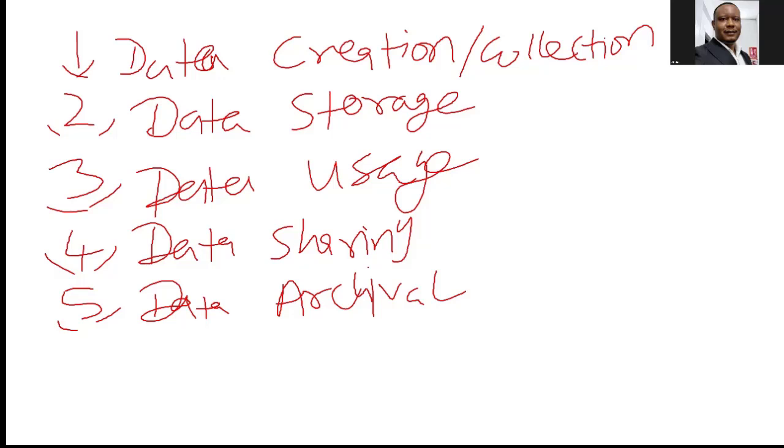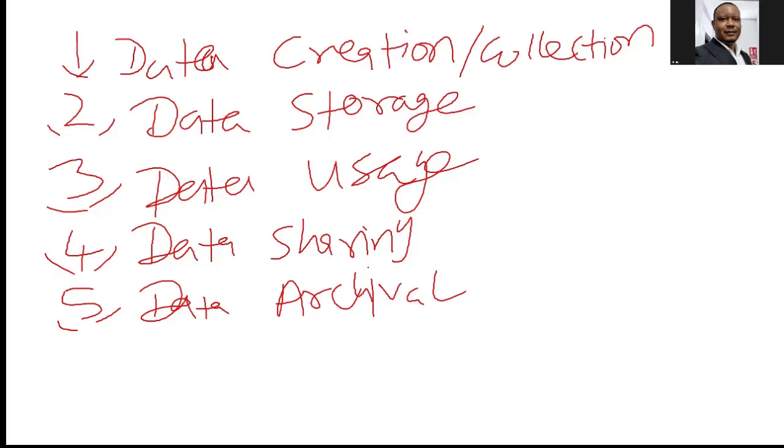Let's say, for example, all dormant accounts in the bank, we archive all of those data. We don't just dispose of them. The other day, they were saying the federal government wants to clear all dormant accounts. Well, we know that government can come tomorrow and say they want access to those accounts. Aside from that, the customer can come back after 10 years and say, I've been away, I want to begin to run this account now. So that's what we refer to as archival.